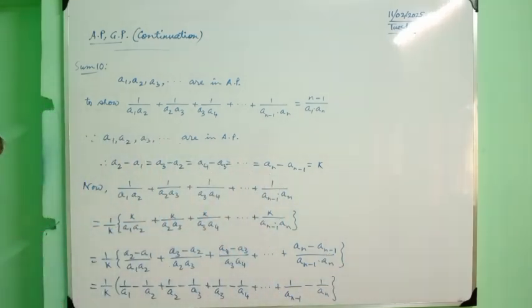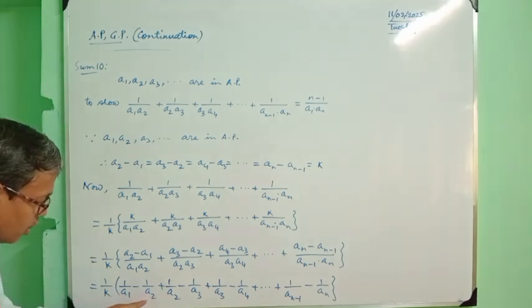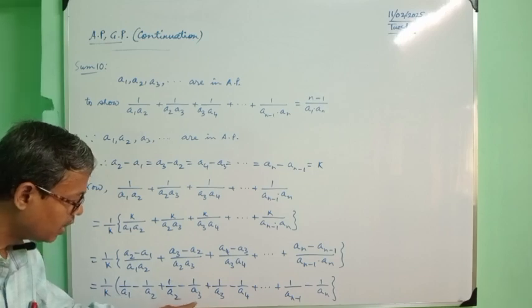Now what we find, you see, 1 by A2 positive, 1 by A2 negative, 1 by A3 positive, 1 by A3 negative.